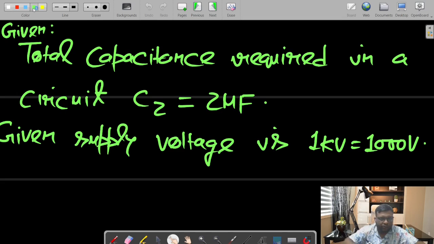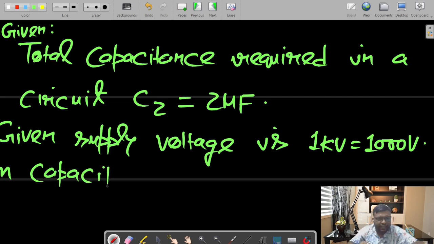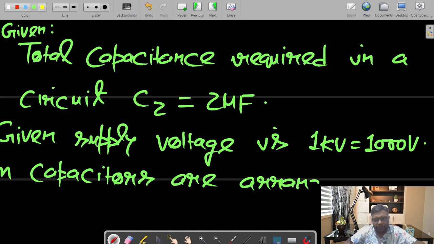So now, as you can see, n capacitors are arranged in m rows.